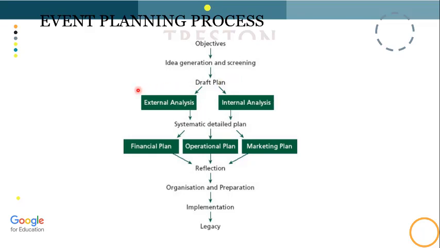Then you analyze the external and internal factors, and then you create a plan. These three are the main operations of an event: the financial plan, operational plan, and the marketing plan. Then down to the implementation, then organization and preparation, and then you create your legacy. Legacy because it's already the end of an event after implementing it.